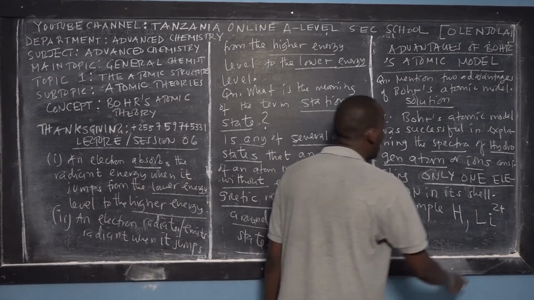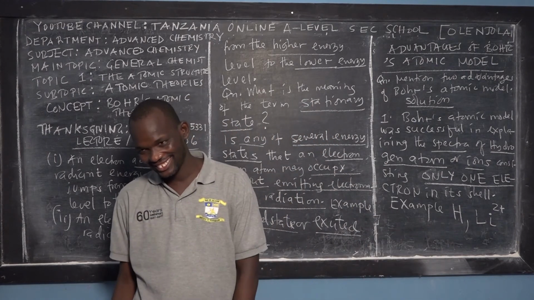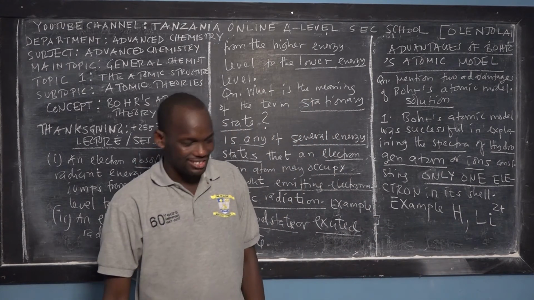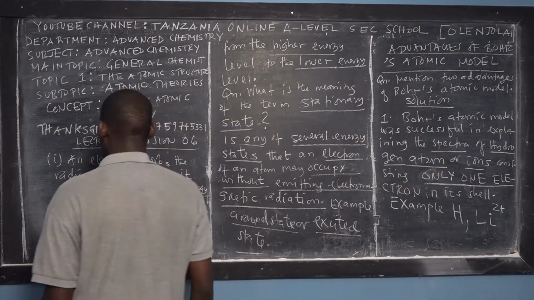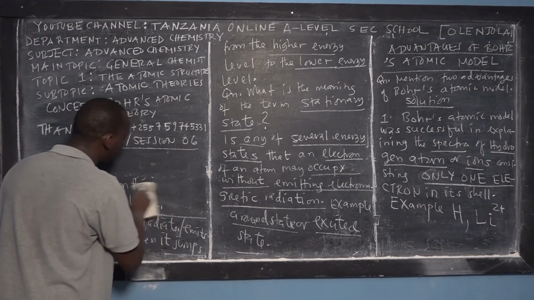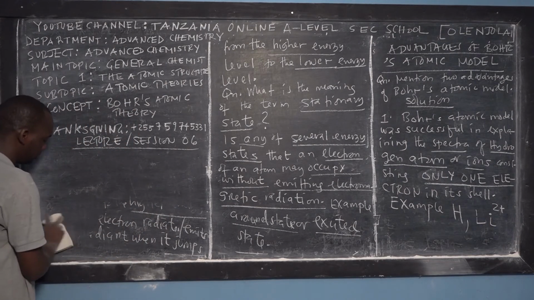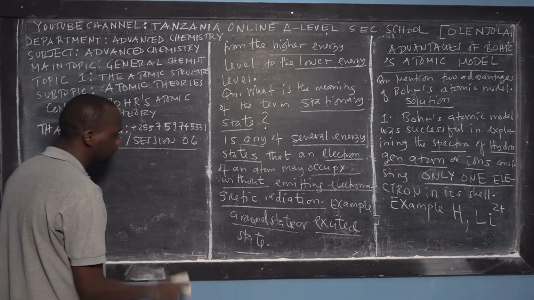Because it remains with only 1 electron, this structure is similar to what? Hydrogen. Right? So just listen carefully, and I will be asking a question there, and then you'll be surprised why I asked you that question, or how I knew it might be a challenging question for you.